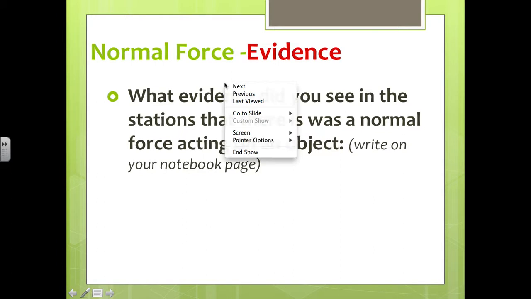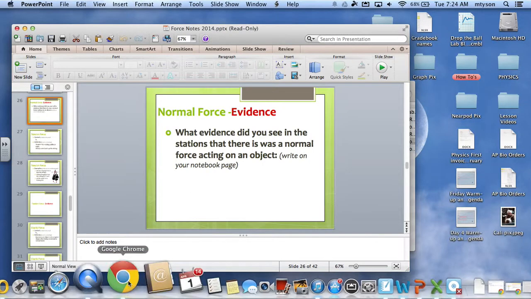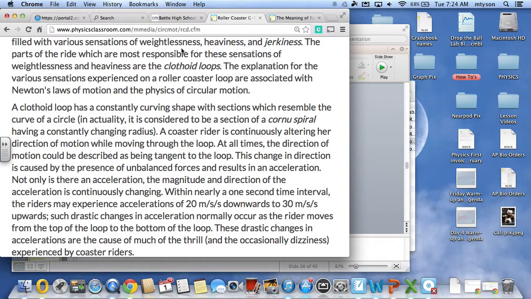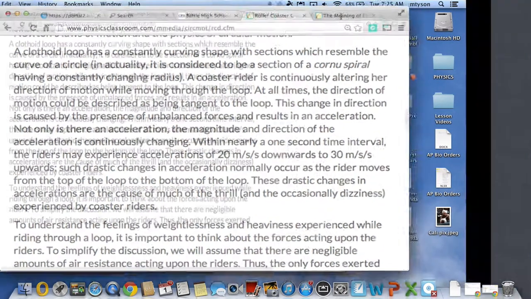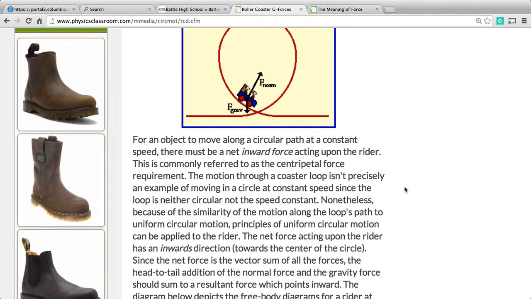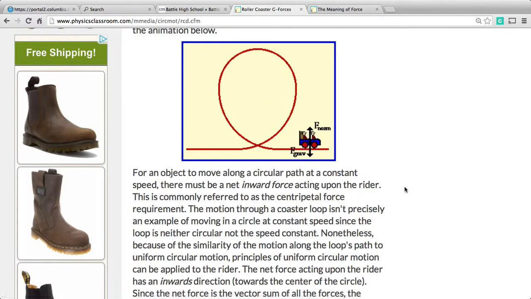Now, what's also very interesting about a normal force is simply by looking at all the different directions it could go if it is in 90 degrees with the surface. Now, if you take a look here at this animation, we have force gravity that's going straight down. But as you notice, as you watch, the direction of the normal force continues to change.